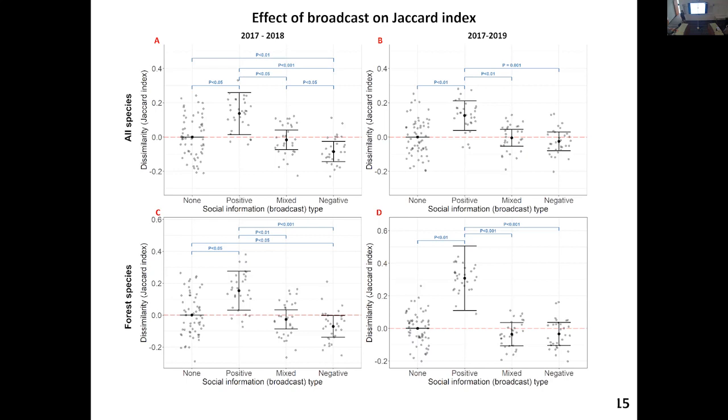On the other hand, the negative and mixed social information broadcasts had a stabilizing effect on the species community within those forest patches. One other thing we can say is those results are statistically significant even one year after the experiment.